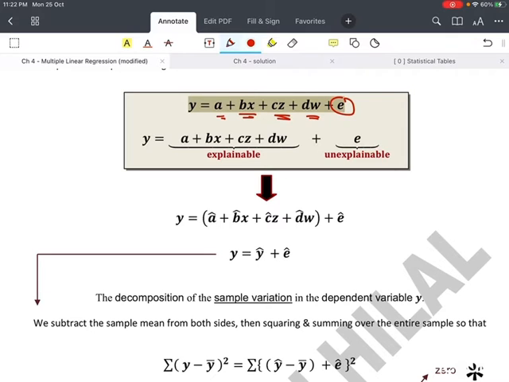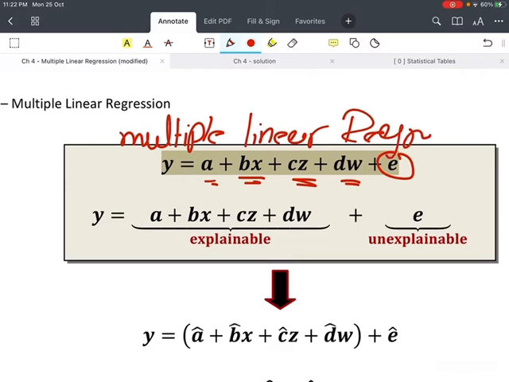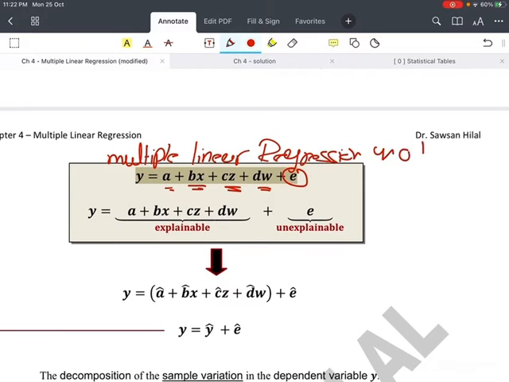So this will be the multiple linear regression model, because we have more than one independent variable. Okay, so we call this part explainable and this part we call it unexplainable.